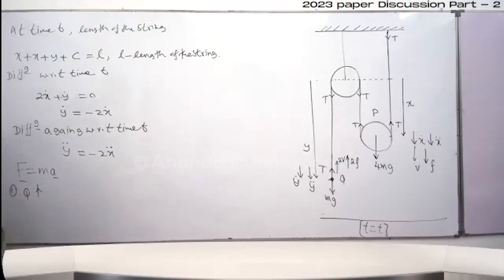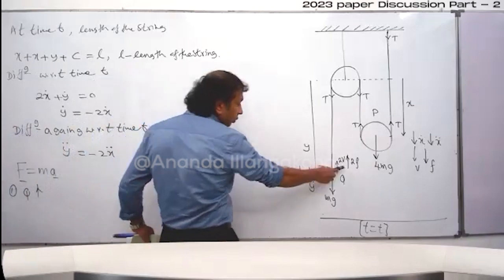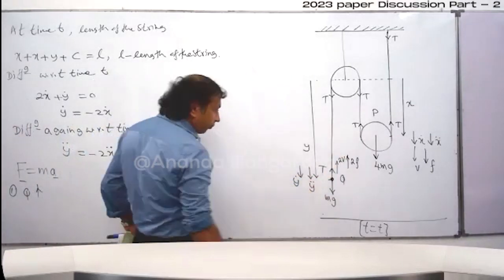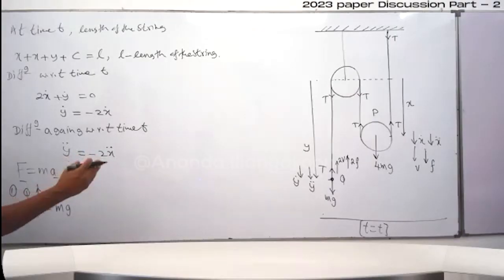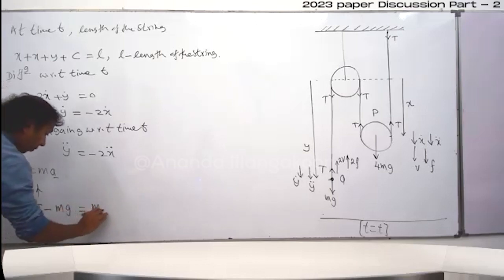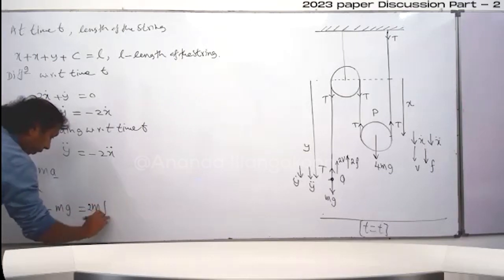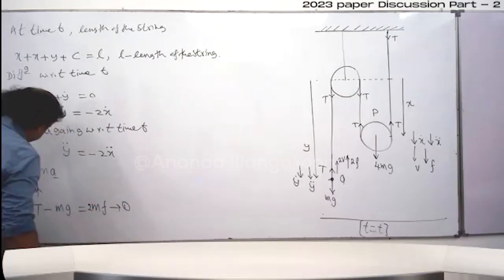Number 1, for q upward. I took this acceleration as 2f. So T minus mg is equal to m times 2f. Number 1.